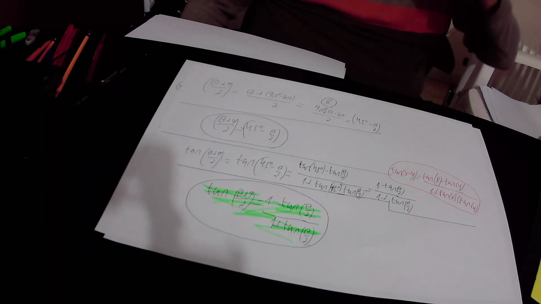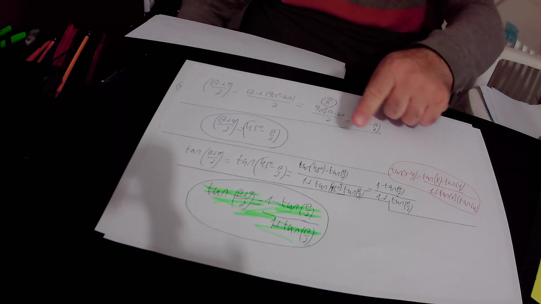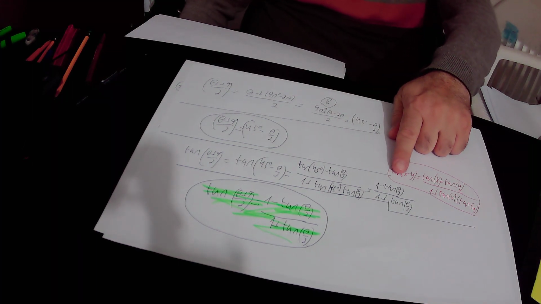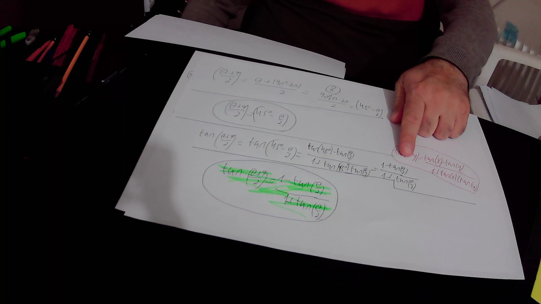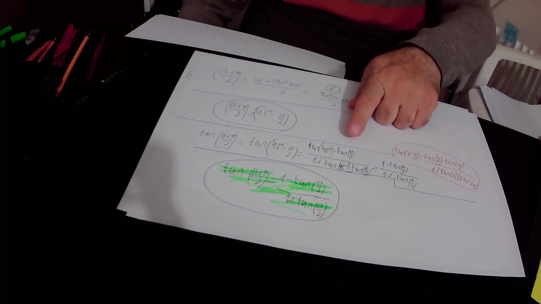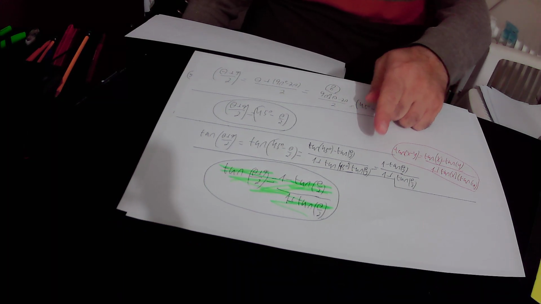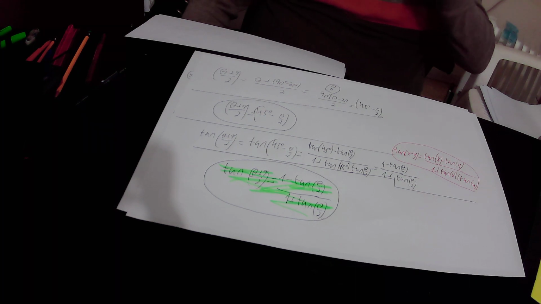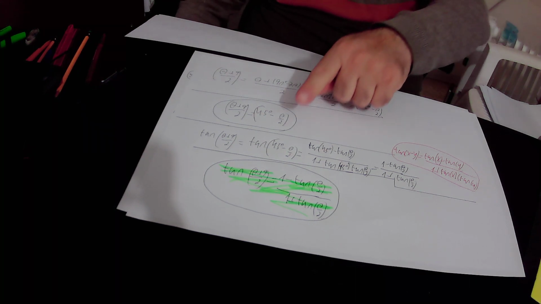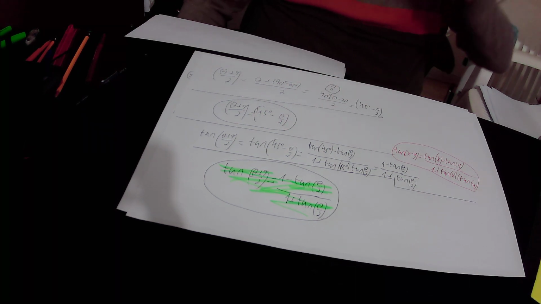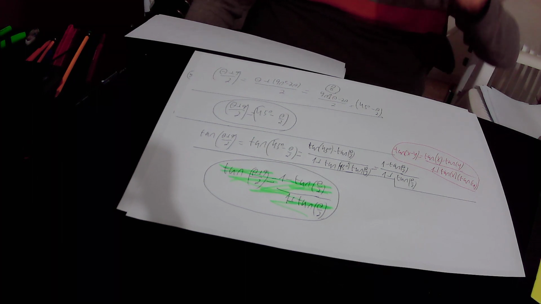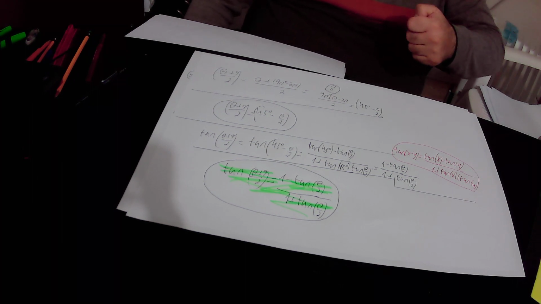We know that tangent 45 degrees is equal to 1, so in the numerator we will have 1 minus tangent theta over 2, and in the denominator we will have 1 plus tangent theta over 2. So in conclusion, we found out that tangent of theta plus alpha over 2 equals 1 minus tangent theta over 2 over 1 plus tangent theta over 2.